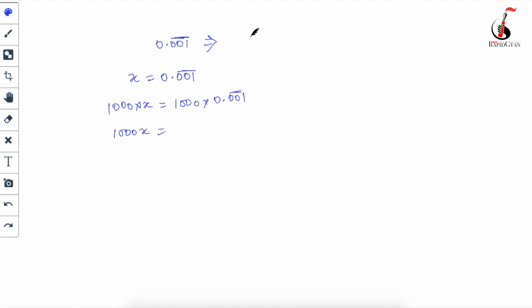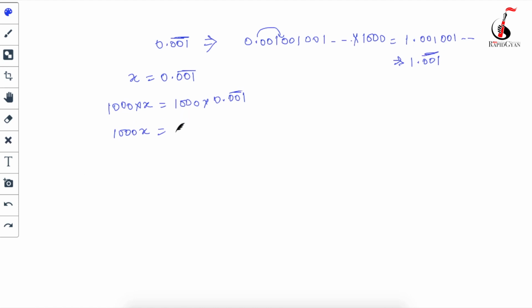I can write your question like 0.001001001, and if I multiply this by 1000, what will I get? See, the decimal will move 3 digits, so this will become 1.001001 and so on. So I can write it as 1.001 bar.